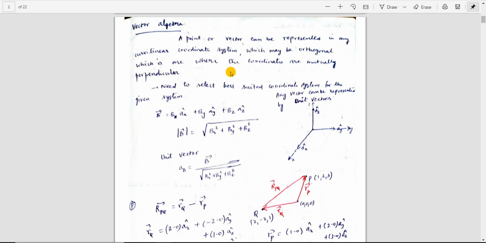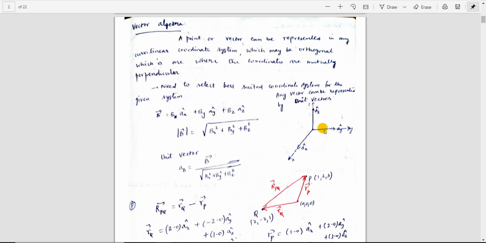So in vector algebra, if you are going to solve any problem, you should have a coordinate system. That coordinate system is basically going to be an orthogonal system, because the coordinates are mutually perpendicular to each other. So if they are mutually perpendicular to each other, you can define unit vectors for that particular system.